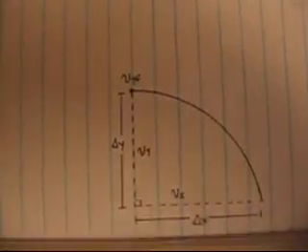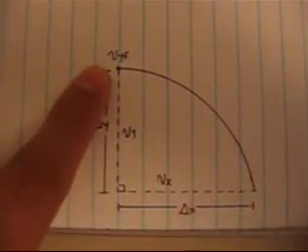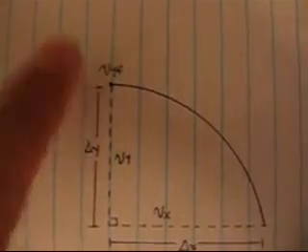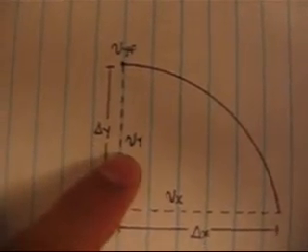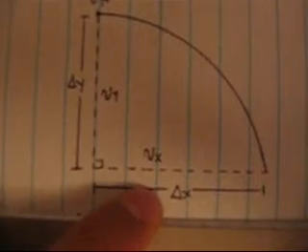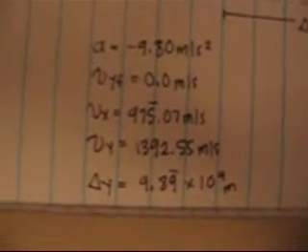Now for the second part, which is this, the other side. So the VYF, keeping track, now we have Y, delta Y, VY, VX, and delta X. So this is basically what we have.